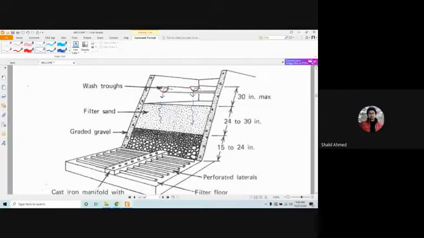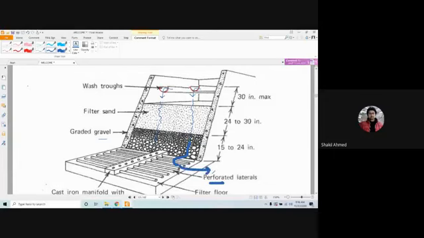And then again you have different types of filter media. This is gravel, right? So as the water percolates through this filter media, it gets treated and you get cleaner water. And finally from here, you collect the clean water using perforated laterals.